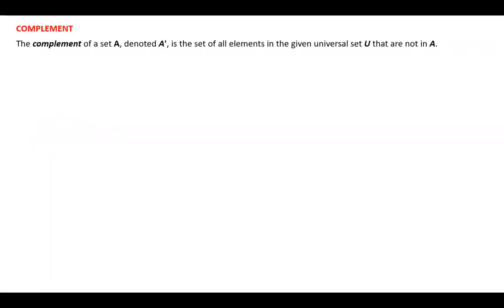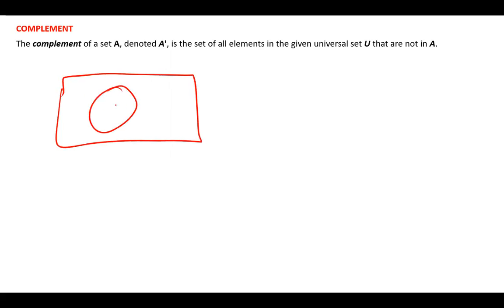So complement. If you have, let's say, a set A, then you have 1, 2, 3, 4, and the universal set there. Then they ask you to list the complement.